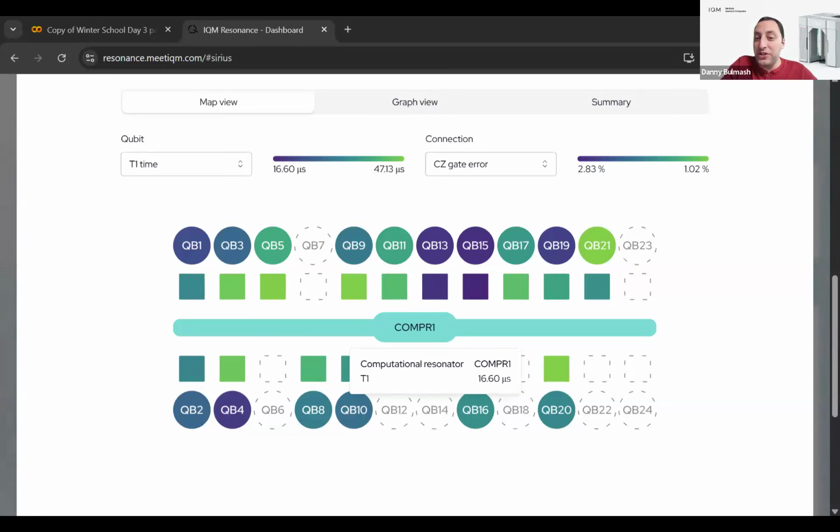There's an interesting question here, which is what considerations do people use when they're choosing a universal gate set for their machine? Yes, it does correspond to the qubit technology. Superconducting qubits have a different native gate set, and even different implementations of superconducting qubits might have different native gate sets.